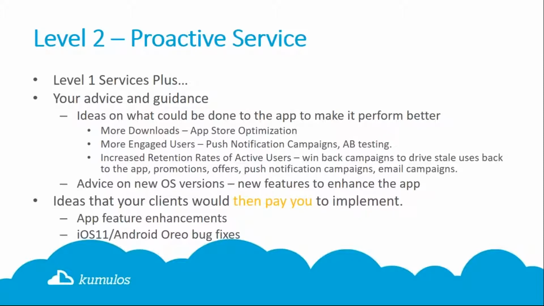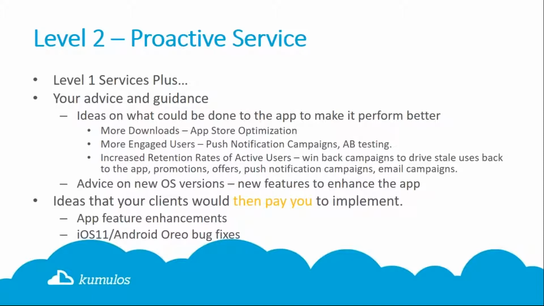You would then be going back and saying that we've seen an increase in crashes on HTC phones. We need to then do some work to your app to improve the performance as a result of the Android Oreo launch. And that would again create a project that you would agree ahead of time and generate potentially another $5,000 to $10,000 worth of project build revenue.